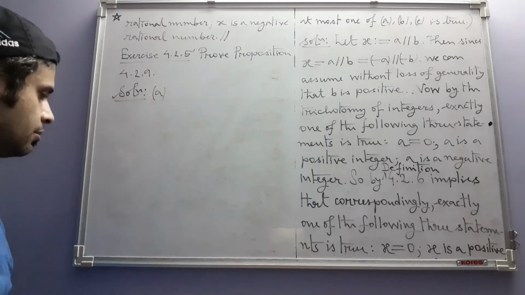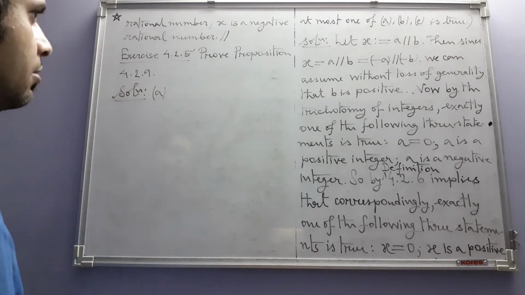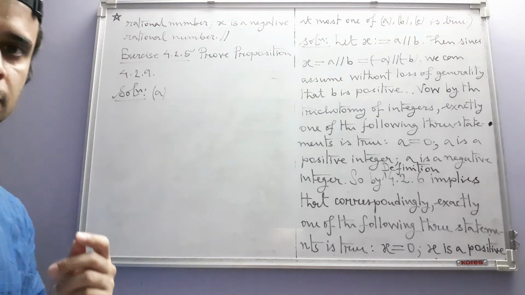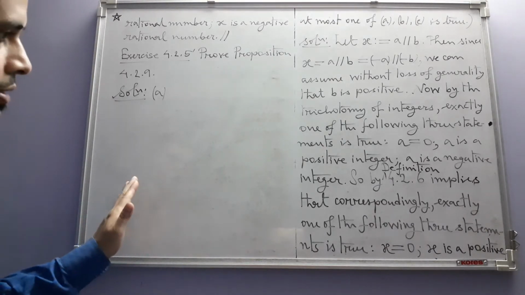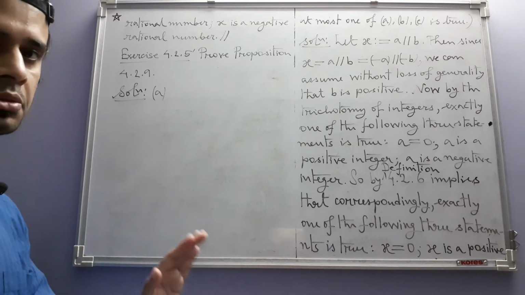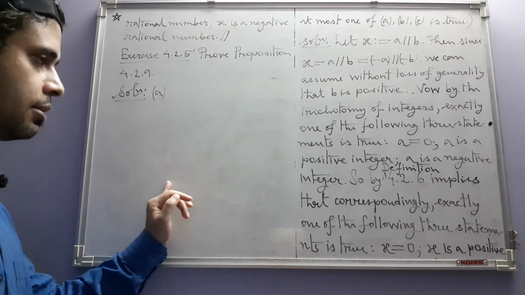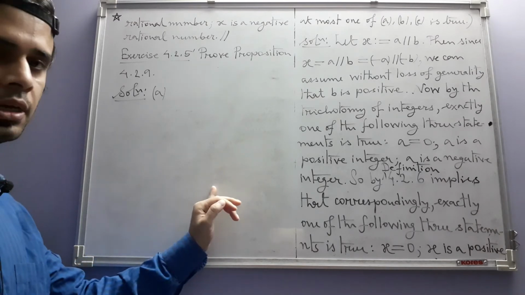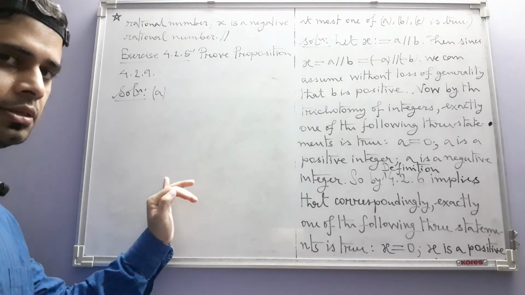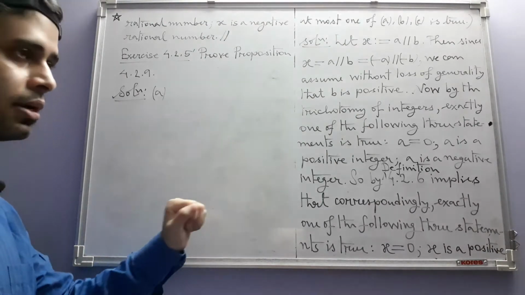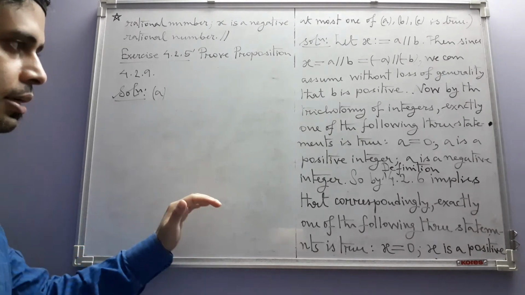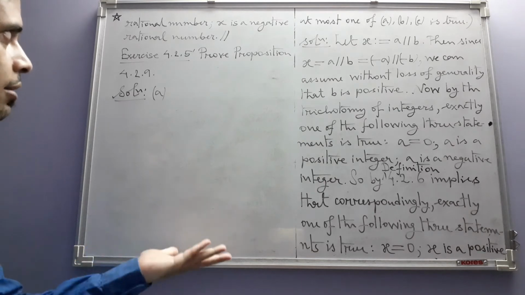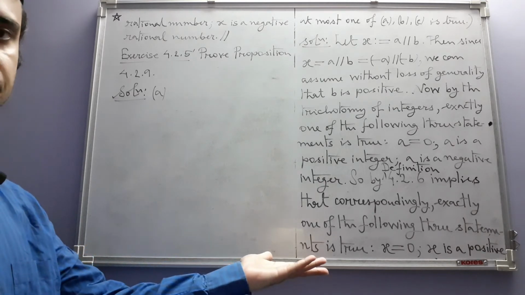Part A is the one which gives us trichotomy of order. That is, if x and y are two rational numbers, then exactly one of these three statements is true. Namely, the first one is x is less than y. The second one says y is less than x. And the third one says x is equal to y. Exactly one of them has to be true.